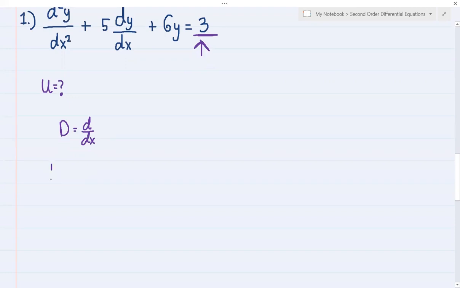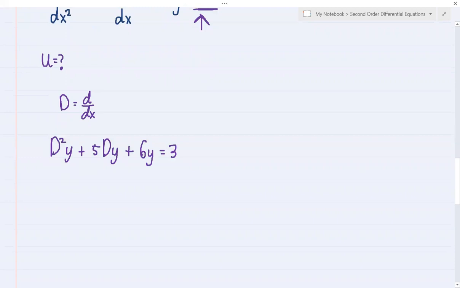So we will have D squared times y plus 5 Dy plus 6y is equal to 3. Then you're going to factor the y in this expression. So we will have quantity D squared plus 5D plus 6 times y is equal to 3.